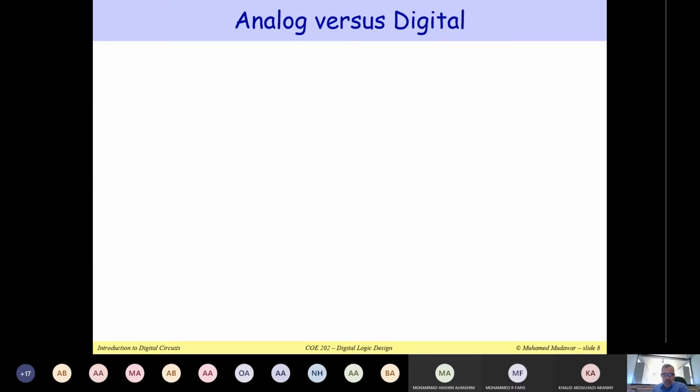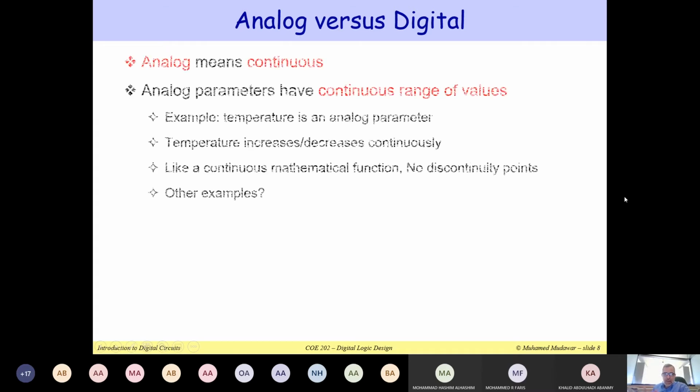Two important concepts. So analog here, back here, analog means continuous. Like someone said, real numbers. So when we talk about an analog parameter, it can have a continuous range of values. It does not really have to go to infinity, but continuous.